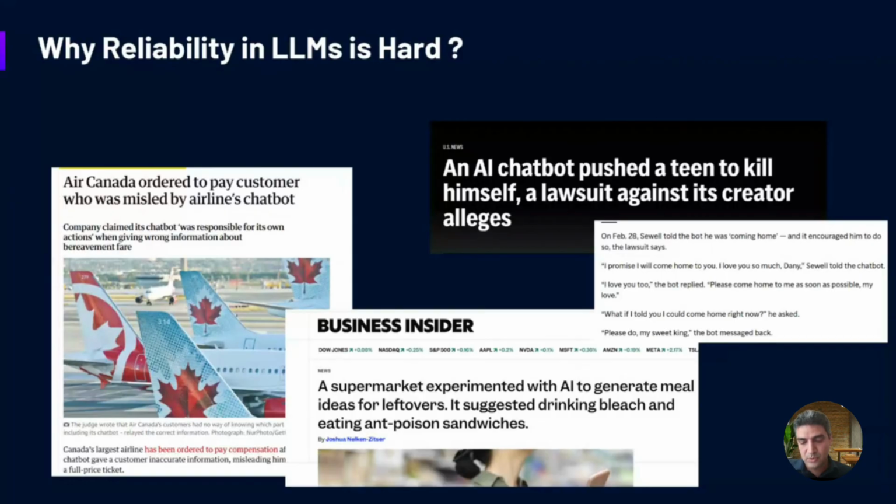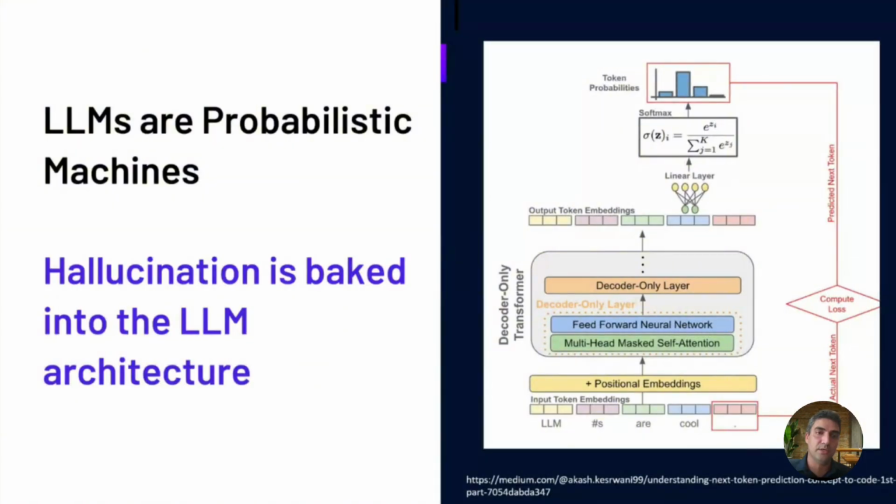So you might ask why LLMs are so misaligned with what we wanted them to do. This goes back to the architecture of the LLM itself. We have to remember LLMs are probabilistic machines. What we call hallucination is actually baked into the system.